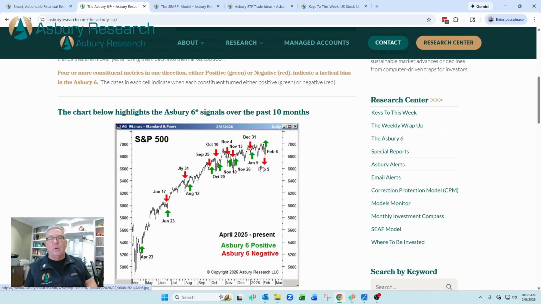All the Asbury 6 does, all our models do, is read the data that we've back tested, the data that's been successful with 7 or 8 year look backs. Sometimes they get whipsawed when the market is down as hard as it's been over the past 3-4 days, and then it rallies by 130 points.